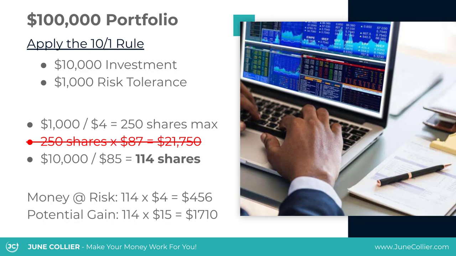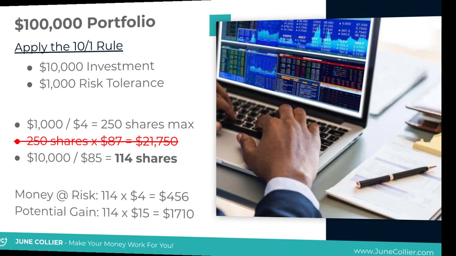If we make this trade, the money we risk is 114 shares times $4, which is $456. The potential gain on this trade is 114 shares times $15, which is $1,710.